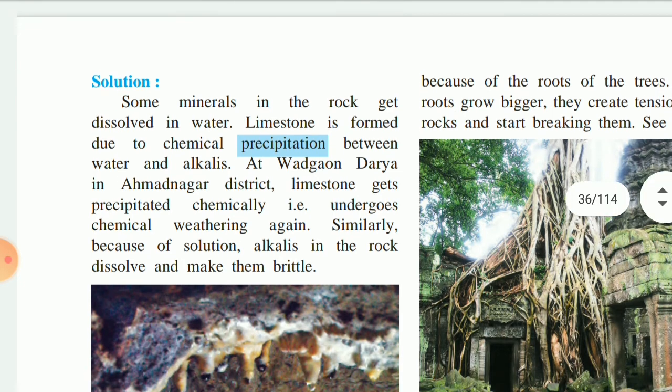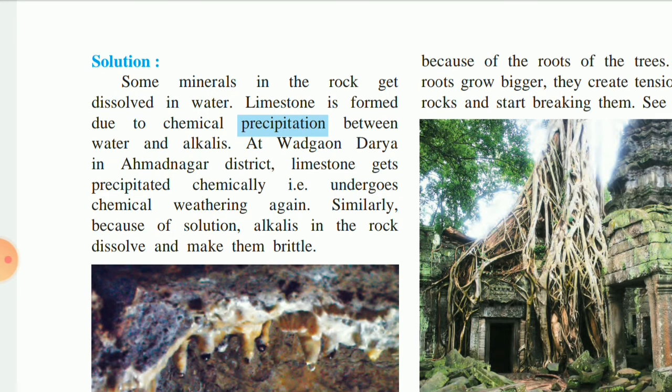What happened here is that limestone is present in the rock. As it rains, the limestone gets dissolved with the water, and this water gets soaked up into the soil. It goes deeper along with the limestone, and then a chemical reaction takes place, and it starts soaking downside. Because of solution, alkalis in the rock dissolve and make them brittle.